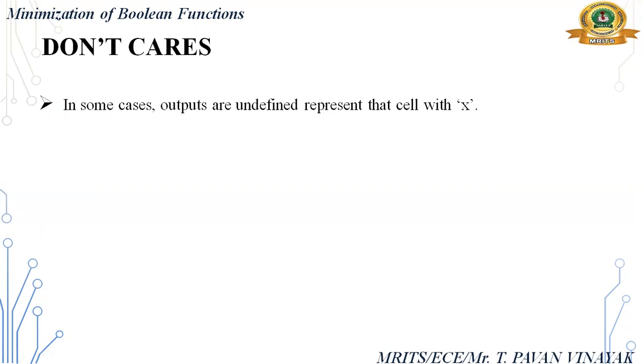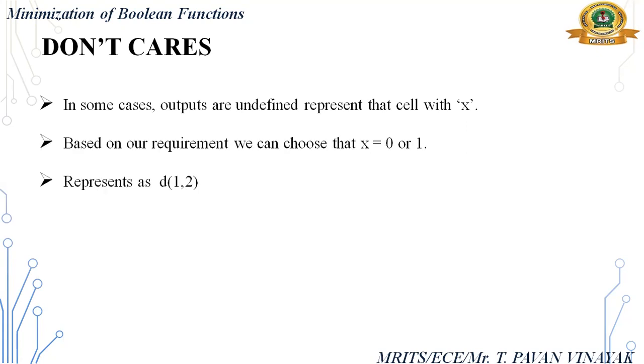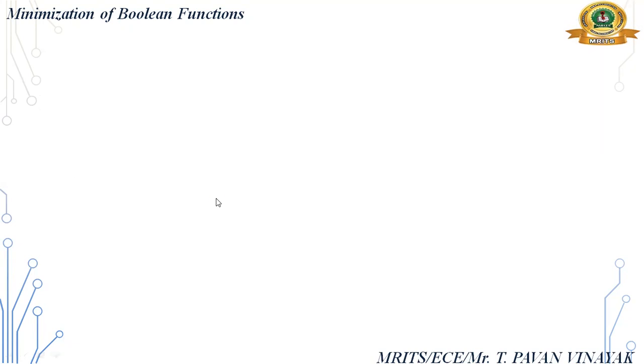While doing problems, you can understand it more briefly. So, representation of don't care. SOP is represented with sigma of minterms, right? POS, pi of max terms. Like that, don't care is represented with D of indexes. Okay. Let us see some problems.